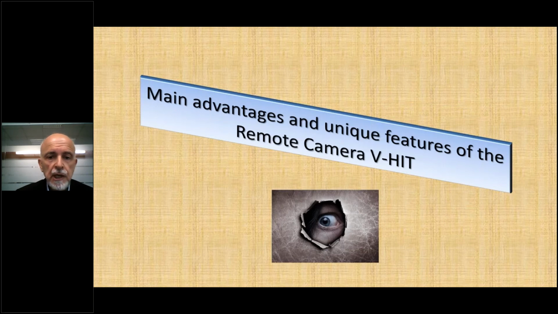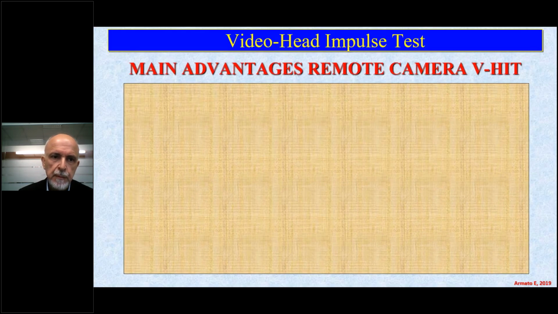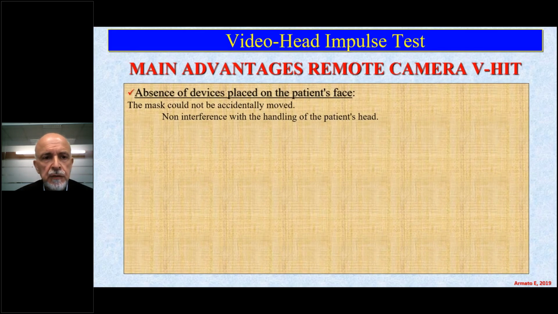Main advantages and unique features of the remote camera VHIT. The main advantage is the absence of a device placed on the patient's face, as said Emanuele, and in this time it means no device to sanitize between one patient and another.